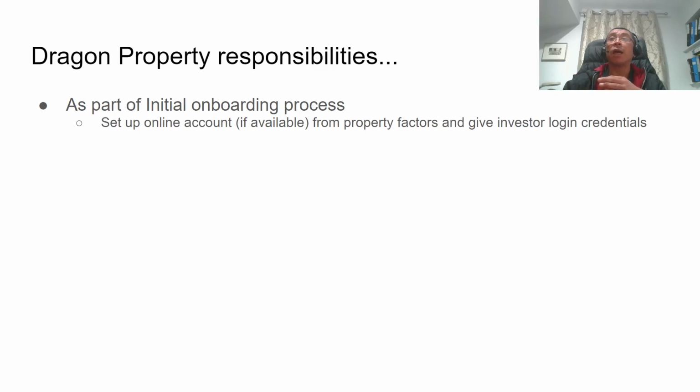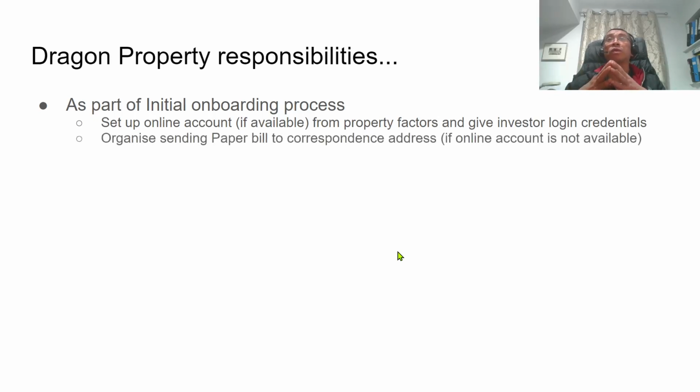As part of that process, if they don't have an online account, we can get the paper bill sent to the company's correspondence address, and then we will scan the bill to you. We only do that if there's no online account. If there is an online account facility, then we will set it up for you.